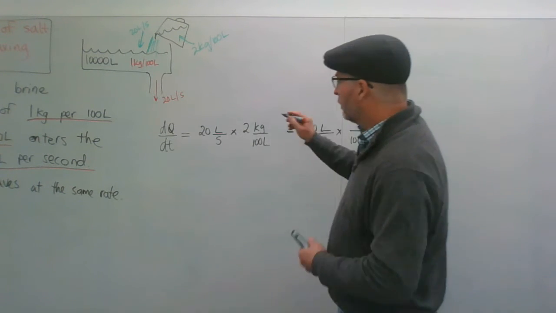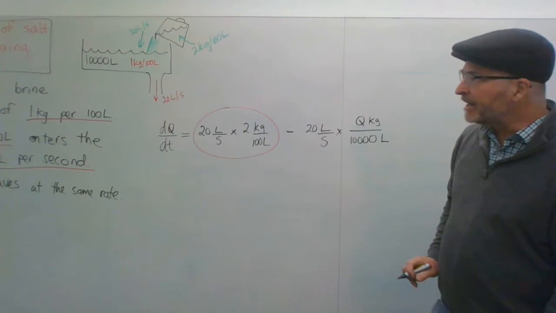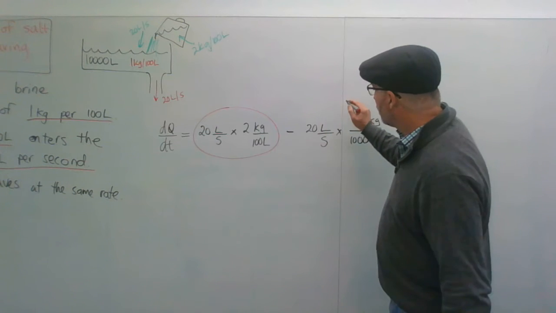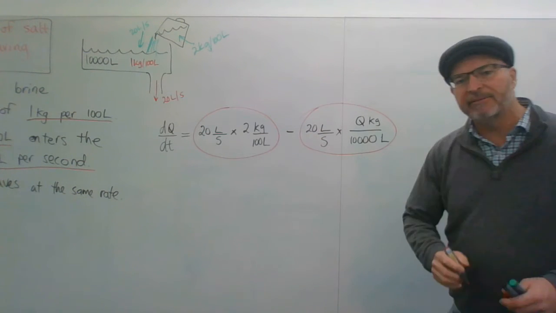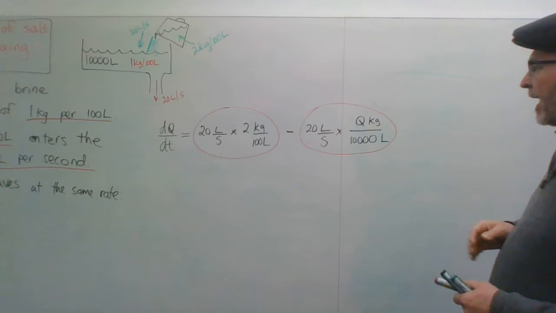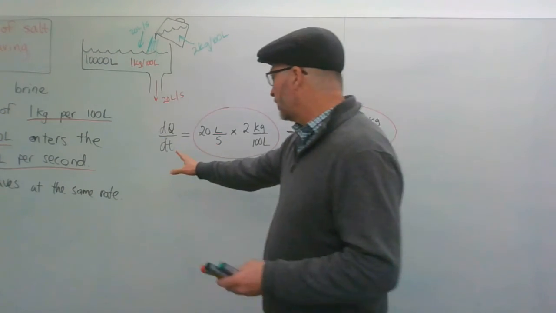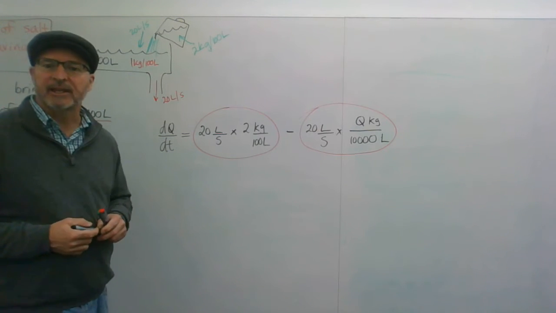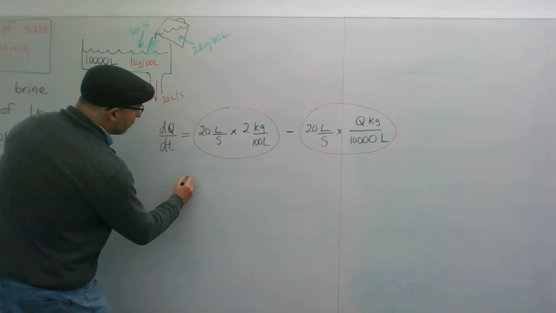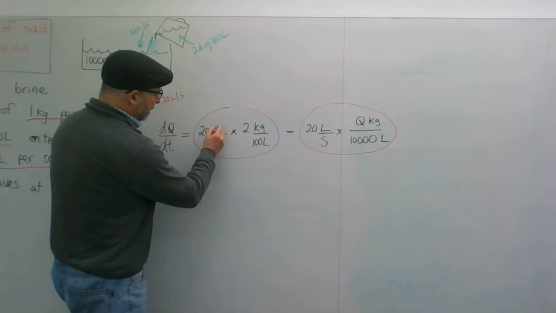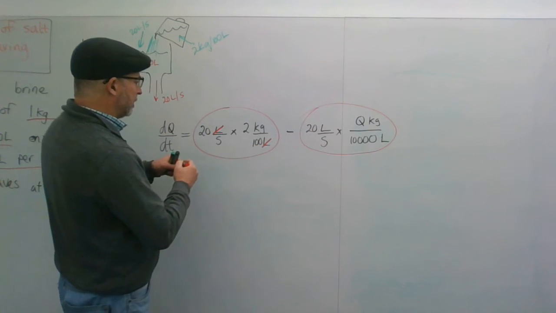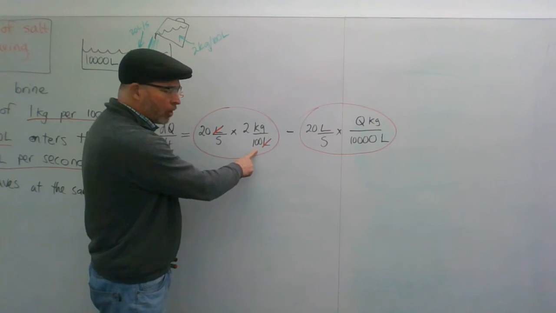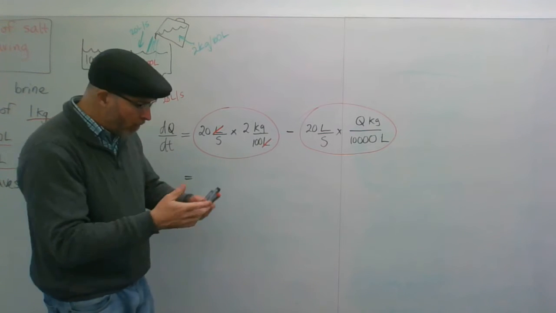So I've got the rate at which salt is entering the system over time, the rate at which it's leaving the system over time, and now I can sort out what my dQ/dt equals, the total rate of change of salt in the system there. So that litres is gone, that litres is gone, and we've got 20 times 2, which is 40 on 100, so 0.4.